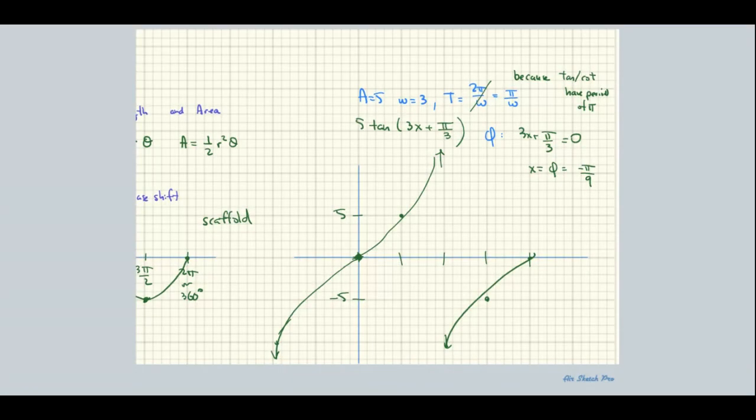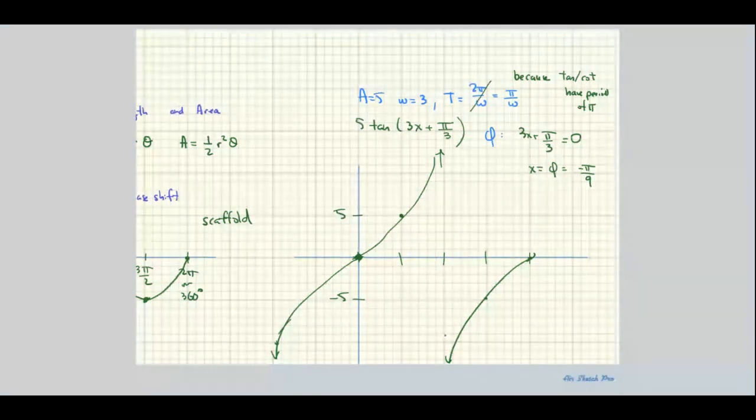Okay. And so it's a little awkward. Let me clean that up. My period was pi over 3. There we go. That's much bigger. My period was pi over 3, and here's one full period.